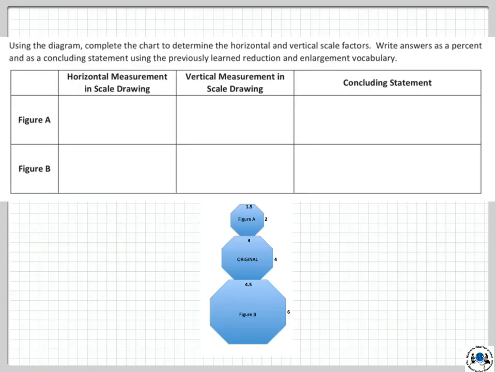So here we go, we are going to continue with this figure. What they want us to do now, using the diagram, is complete the chart to determine the horizontal and vertical scale factors. Most of the time when you get a scale factor, it will be applied to both horizontal and vertical measurements.